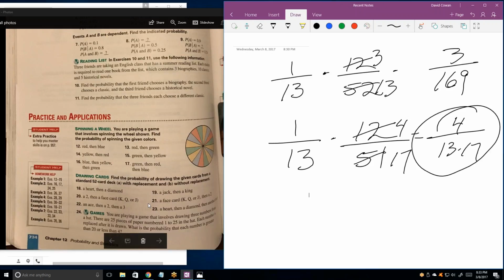It's 1/2 times 1/2, or 1/4, 25%. It shows you how the odds go down when both people have to get hits.